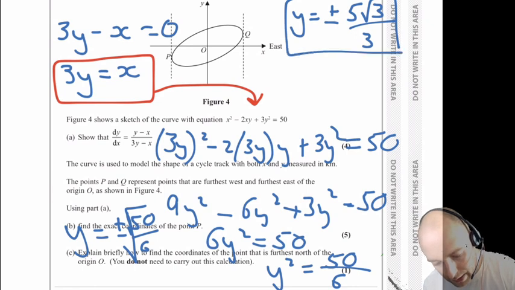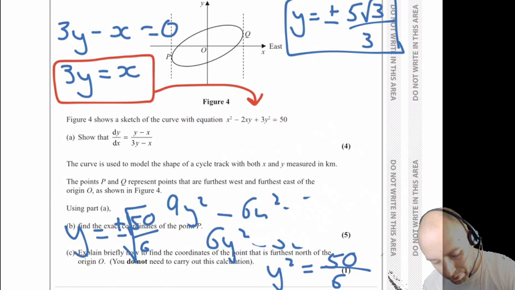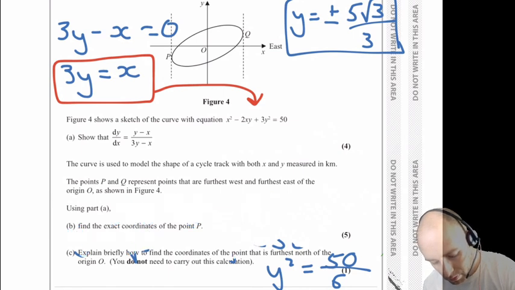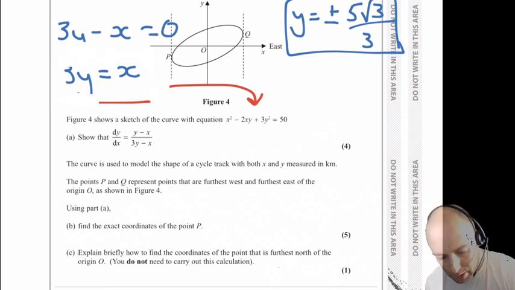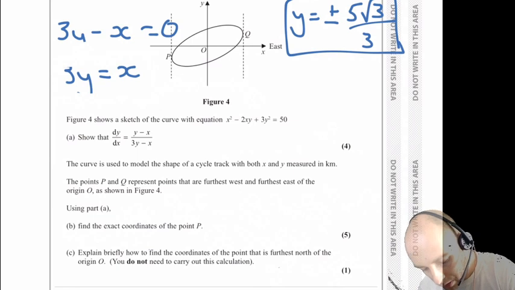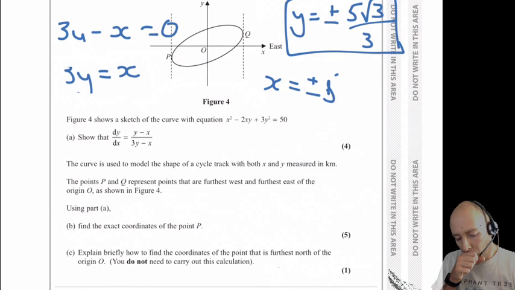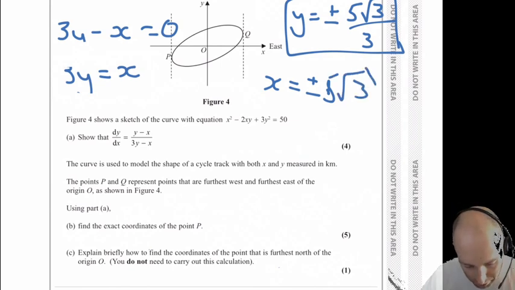Okay, and to find x, all I need to do is rearrange that equation we found just now, the red one. So if I rearrange that, x is 3y, so x is going to be plus or minus 5 root 3 because we times y by 3.